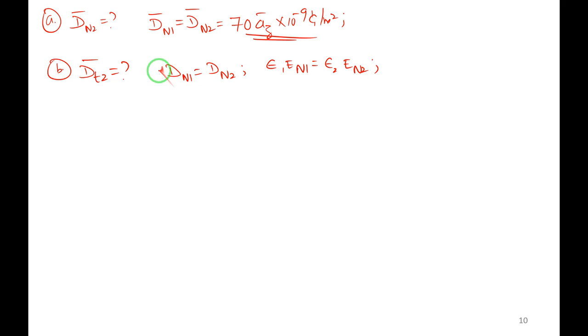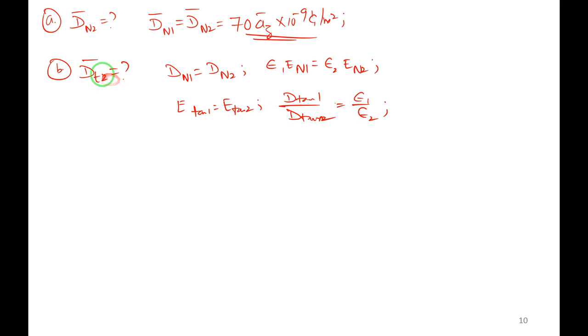Then what about the tangential component? d tan 1 by d tan 2 equal to epsilon 1 by epsilon 2.